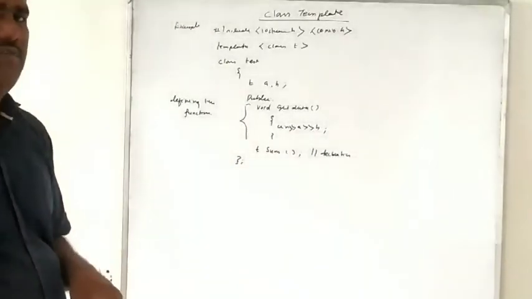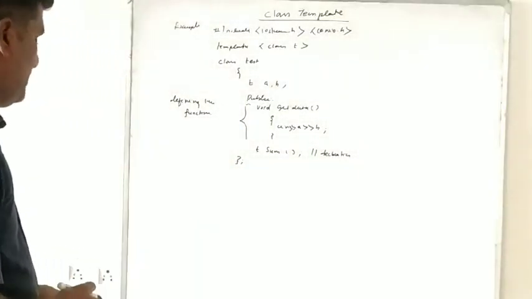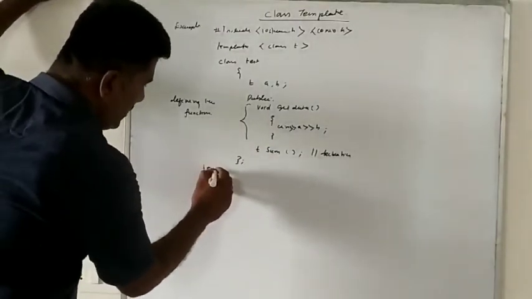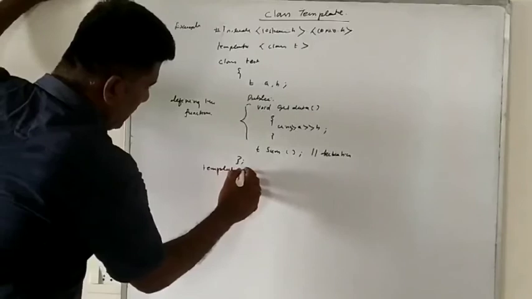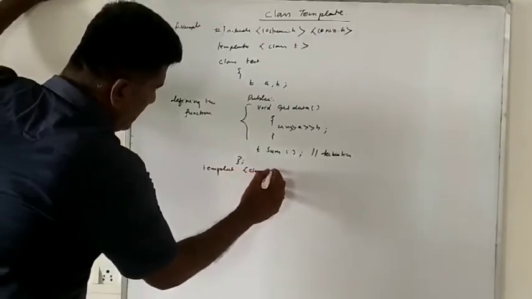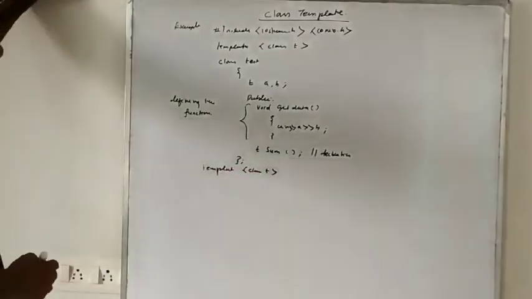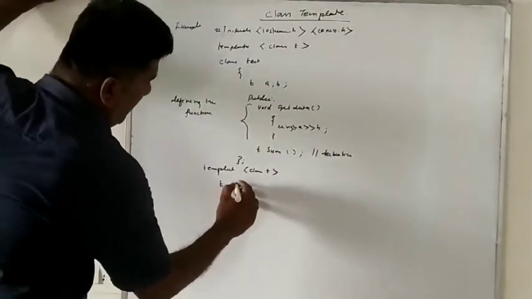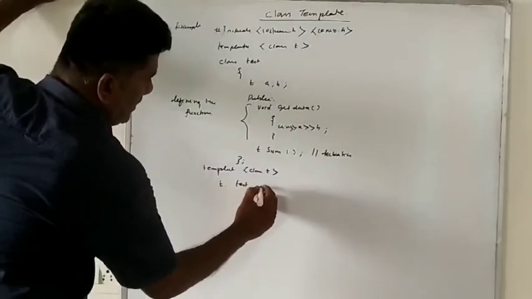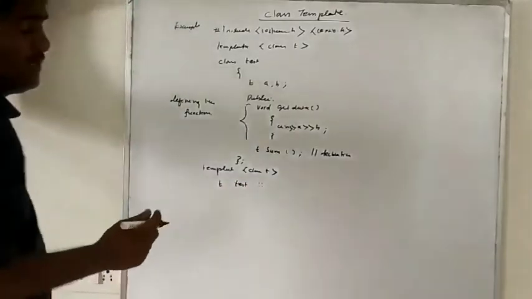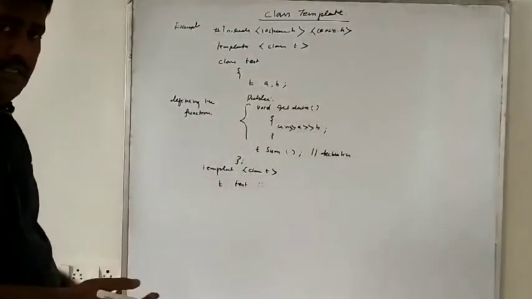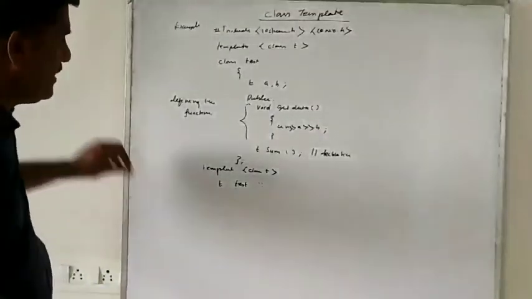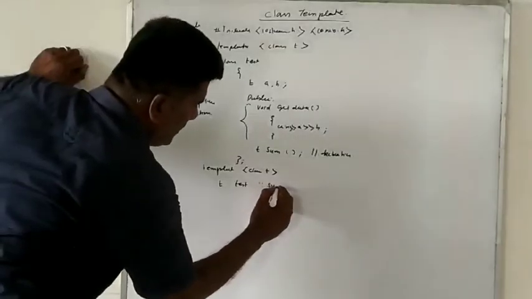So how do we define the function outside the class? Here also you use template class T. The return type is T, then the class name test, the scope resolution operator, then the function name.